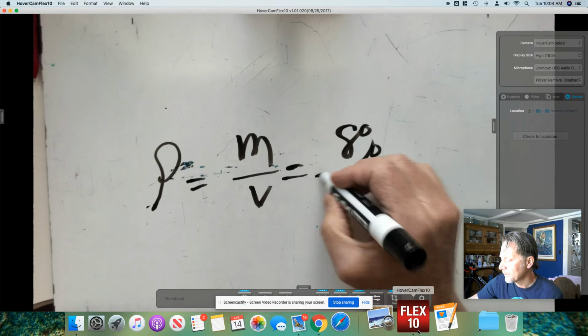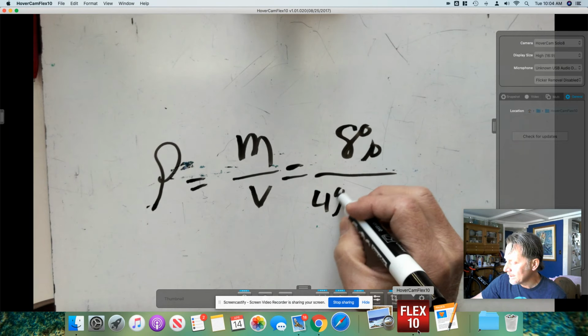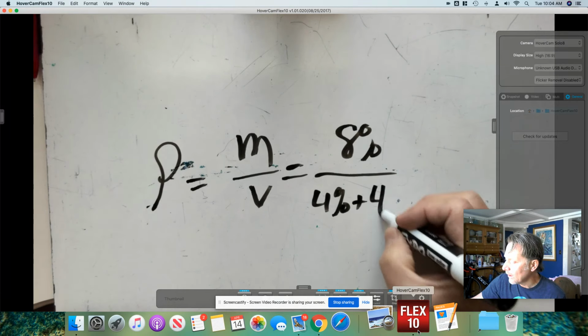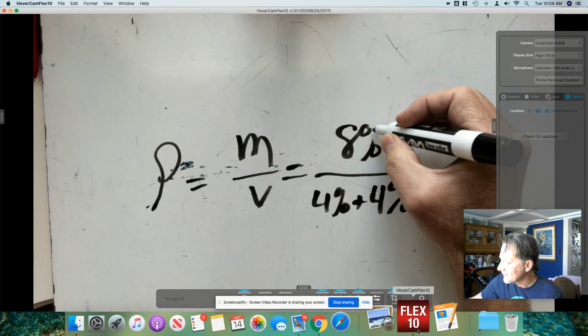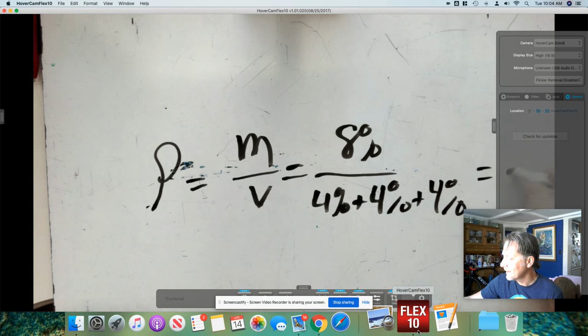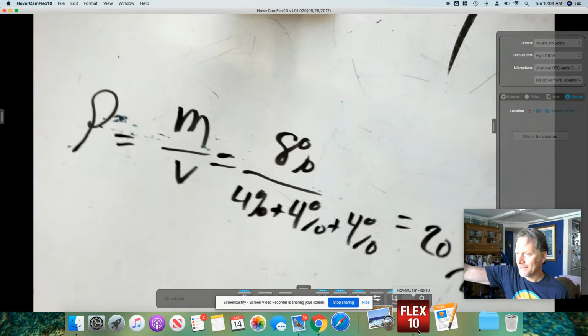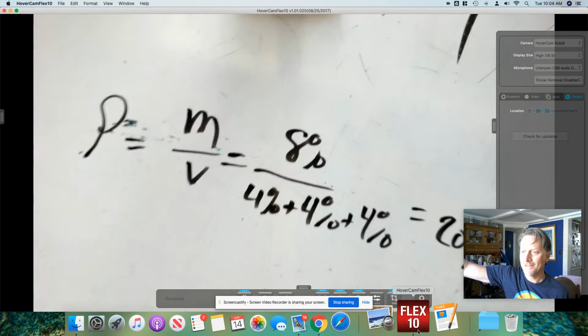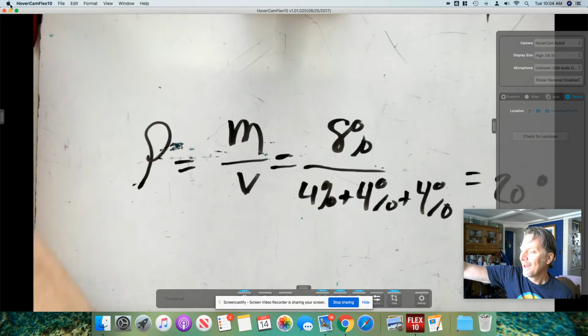And since volume is a cube thing, each of the dimensions was 4%. And since everything always adds, this is going to add to this, to this, to this. That just equals 20%. So you can kind of see how that works there. Okay, so next one here, let's move on.